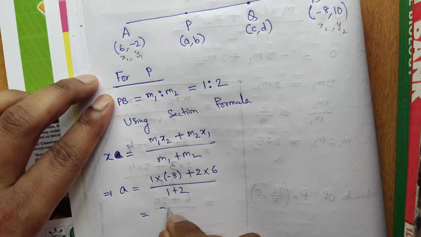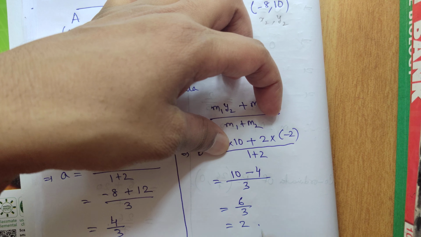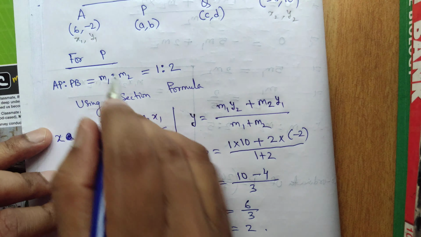So 10 minus 4 by 3, that is 6 by 3, that is 2. Therefore coordinates of P will be 4 by 3 comma 2.